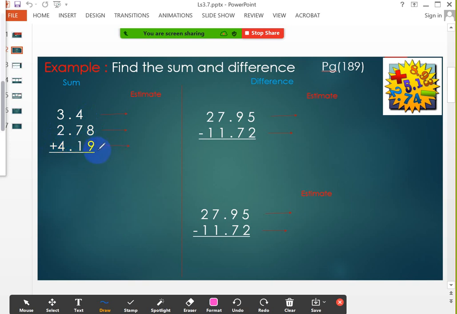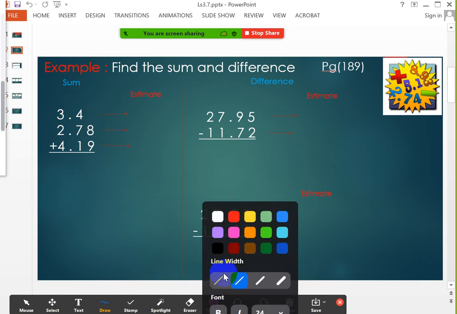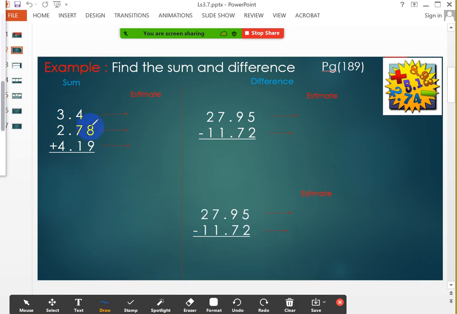To find the estimate, I have to round the numbers to the nearest whole. So first step, I will round the numbers to the nearest whole, because I know how to add whole numbers.